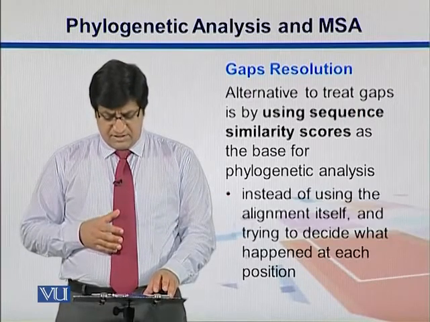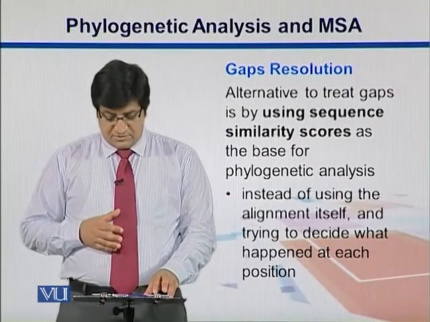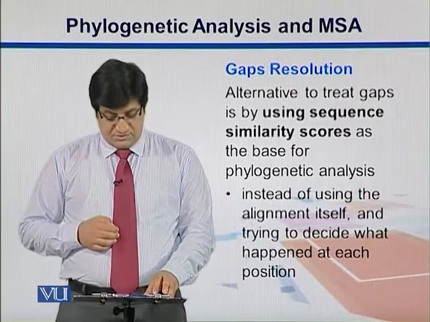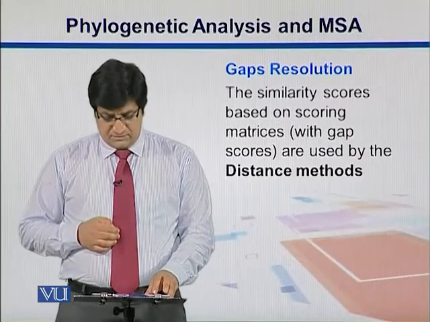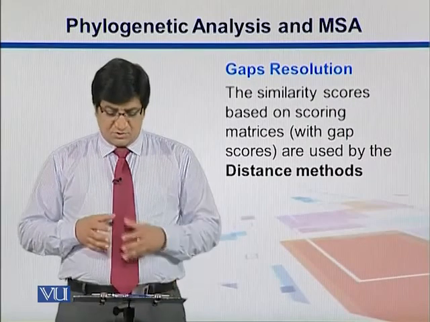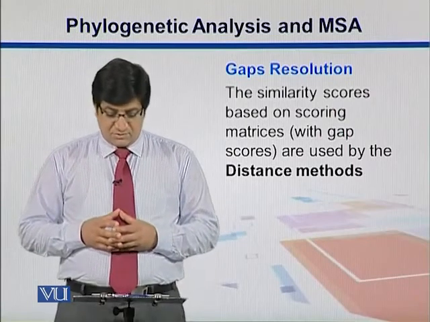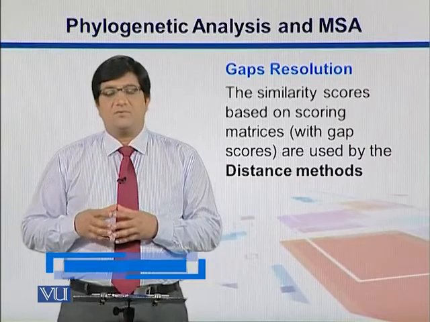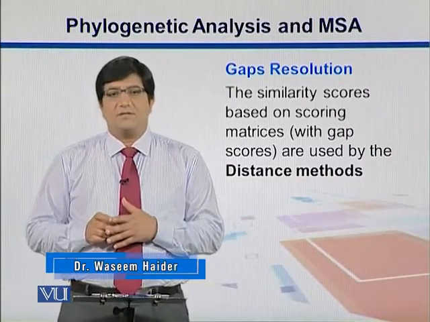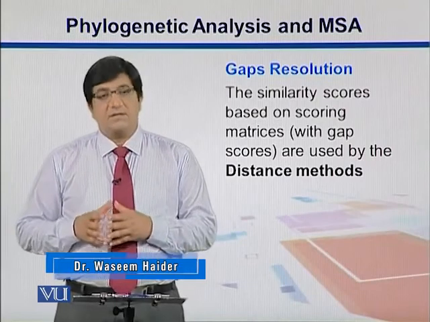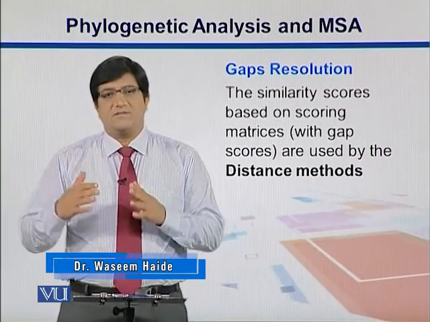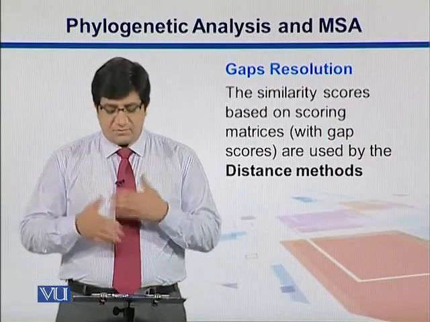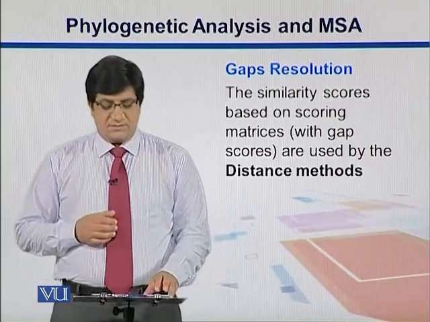So instead of using alignment and trying to decide what happened at each position, we try to use these similarity scores. The similarity scores based on scoring matrices with gap scores are used by distance methods. Whenever we have those sequence similarities, we can incorporate those gaps in it, and then we can take two sequences, compare them, and calculate their distances. That approach is actually embedded in those distance methods.